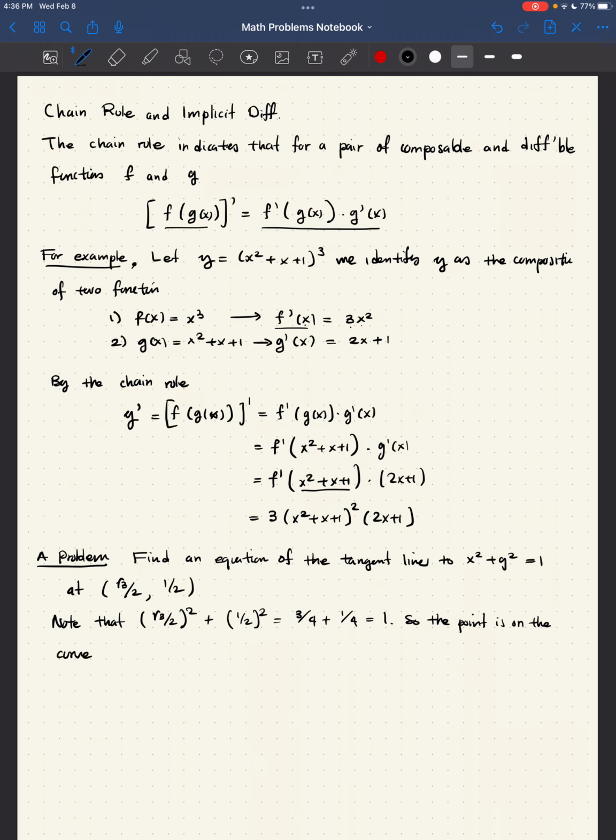But what is the problem with this? The problem is that a circle, just as the one that we're describing here, is not a function. It's not the graph of a function. But we can pretend it is.